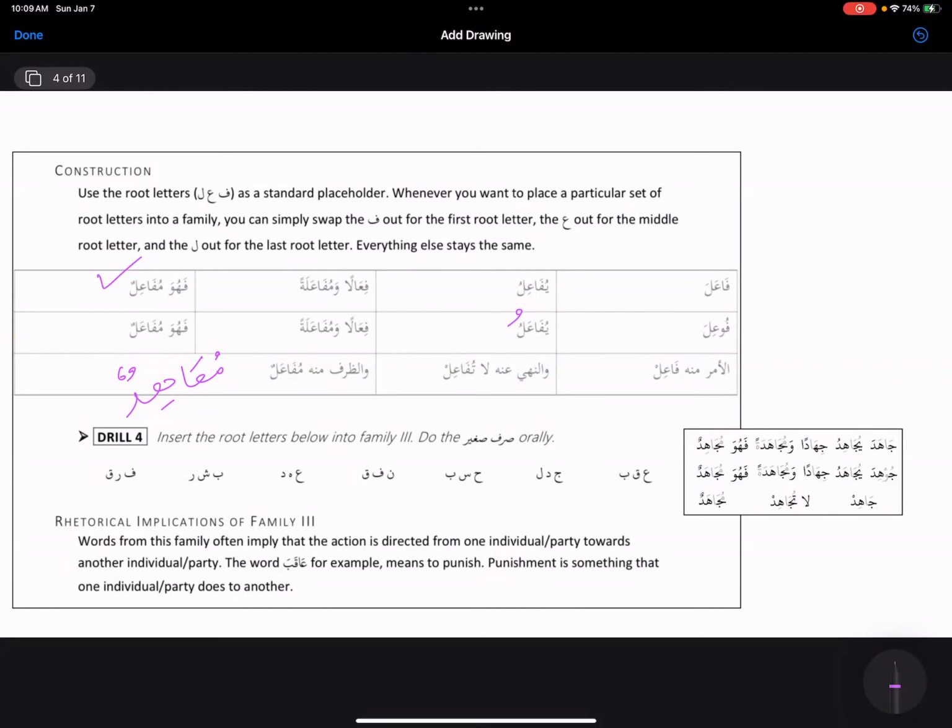Then this is the same, no? That will be ihadun. The masdar will be the same, no?